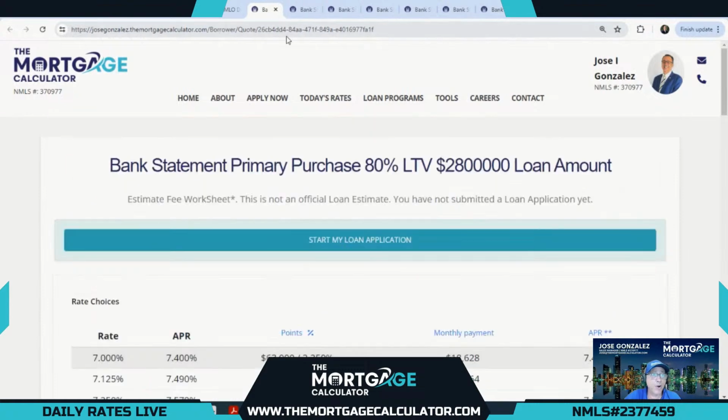And now for our last option, I wanted to show you that at the mortgage calculator, we can also originate those high dollar loans.